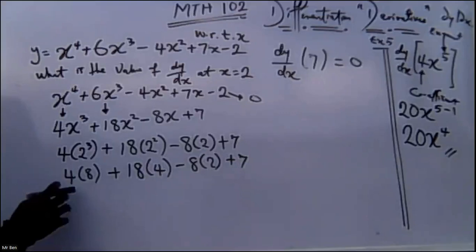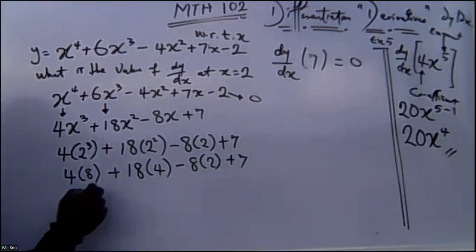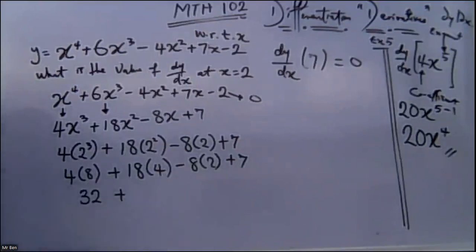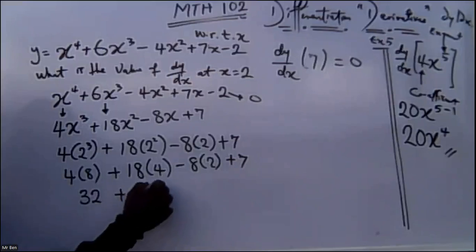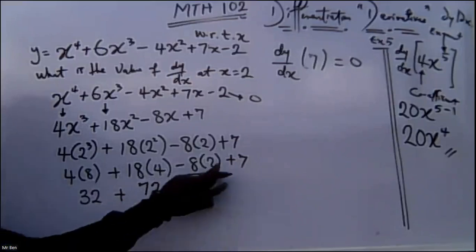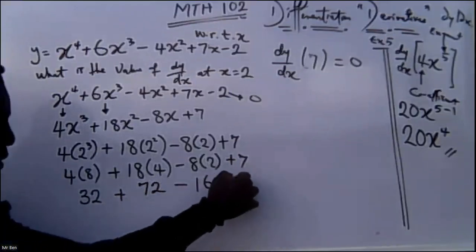So 4 times 8 will give us 32, plus 18 times 4 will give us 72, minus 8 times 2 which is 16, plus 7.